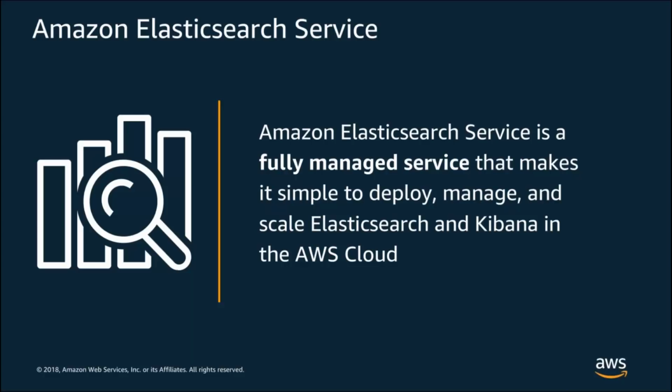And we have a number of integrations with other AWS services that makes it simpler to monitor what's going on with your cluster. We integrate with CloudWatch to expose metrics about the cluster, and simpler to get data into your Elasticsearch cluster. We have integrations with Kinesis Data Firehose and with CloudWatch Logs and others that make getting data in much simpler.